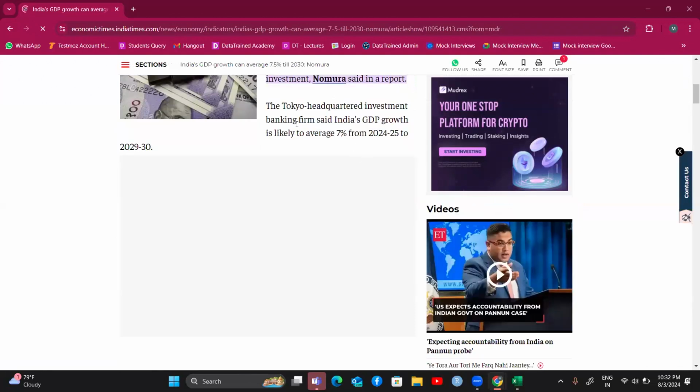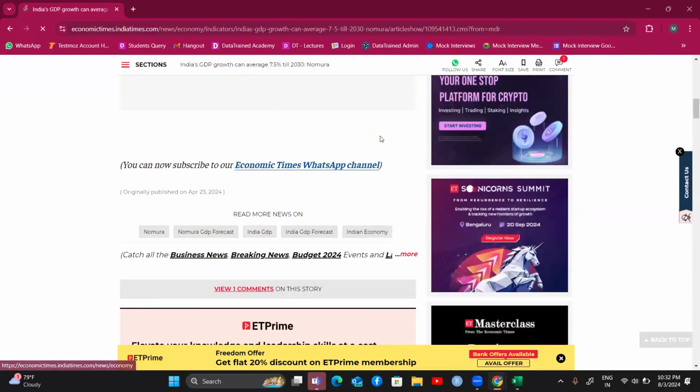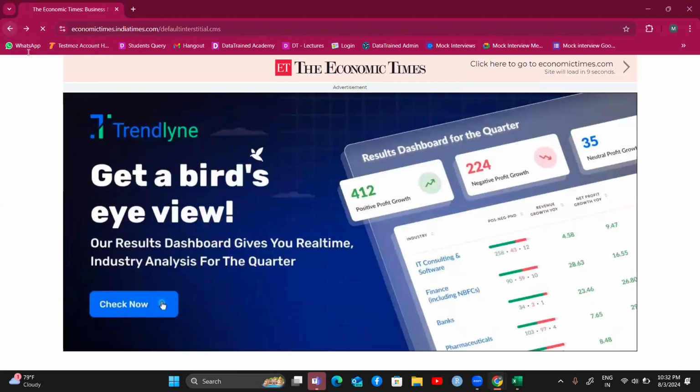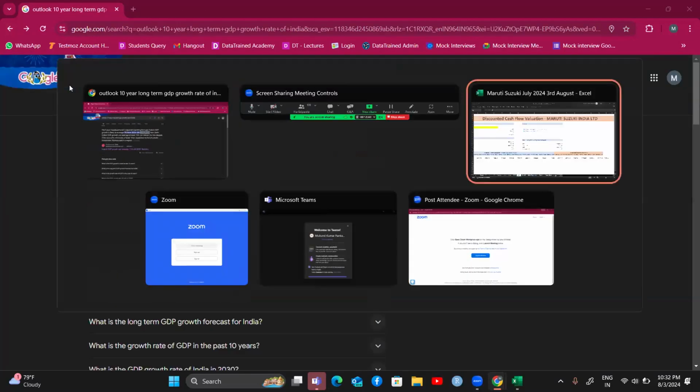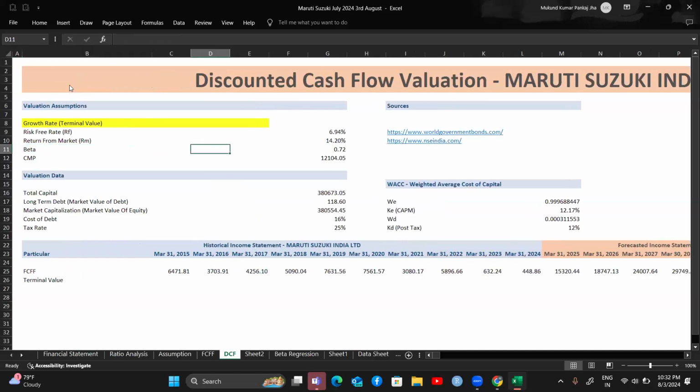The Tokyo-headquartered investment banking firm said India's growth rate would be 7% from 2024-25. So most of the articles are quoting 7% for 2024-25, and in the long term it can go to 7.5%, but we will keep a pessimistic, average scenario and quote it as 7% only.